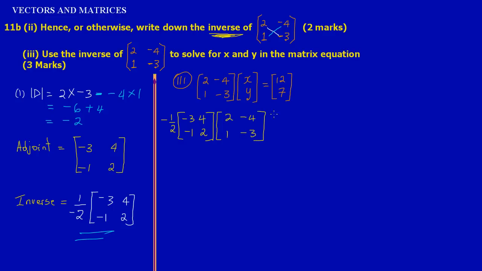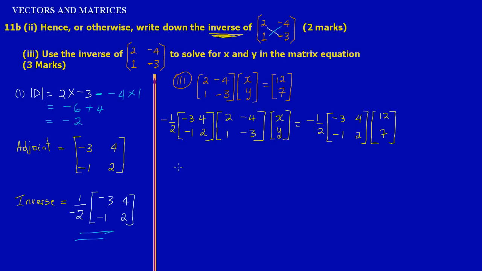Close my matrix, and I have an x, y, and that is equal to, and what you do to one side of the equation, you must do to the other side. So I'm going to put my -1/2, and then my inverse, -3, 4, -1, 2, and then I'm going to put my values here, which is my 12, 7. So here we go, my friends.